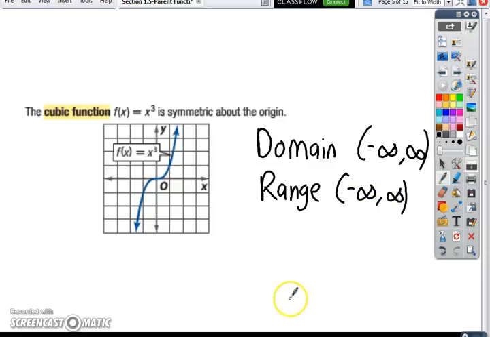It's also increasing everywhere here. As I go along this thing from left to right, it's increasing everywhere. So that's very important for us. It's increasing from negative infinity to infinity. Now, if I threw a negative out in front, it would obviously flip things around, but we'll talk about that in a little bit.